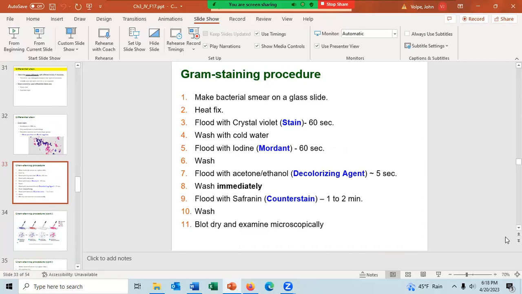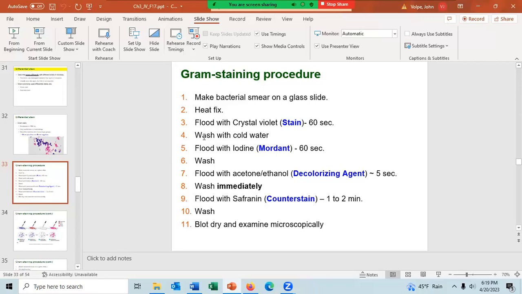All right, this is the procedure of the Gram stain, and I'll just quickly go through it. You first make a bacterial smear on the glass slide, let it air dry, and then heat fix. After that, you begin the staining procedure. You first flood with crystal violet for 1 minute. You then wash the crystal violet off with cold water, and be gentle about it.